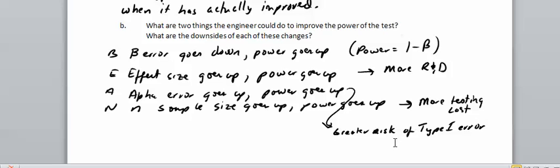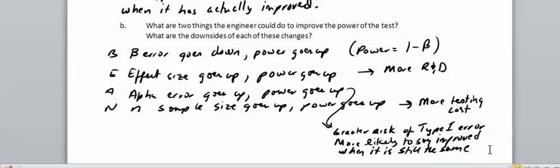The downside of that is we are more likely to say improved when it is still the same. So that's not so good, because we've said we've got this new battery when we really don't have a better battery.